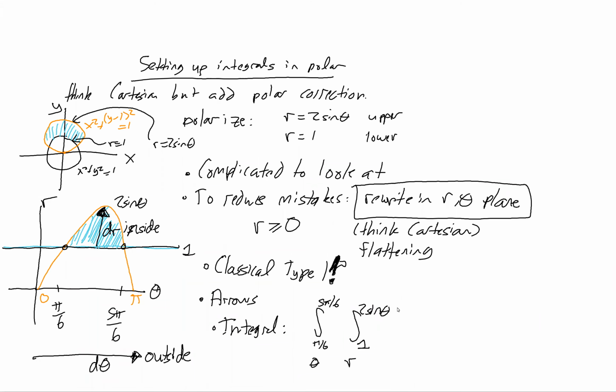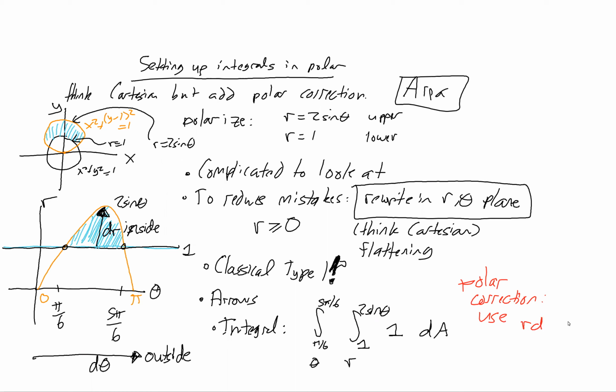And we're looking for area. Let's just look for area in this problem. We won't make it complicated. So we'll put 1, and then we'll put a dA. So now we need our polar correction. We're going to use r dr d theta, not dr d theta, as in the Cartesian setting.